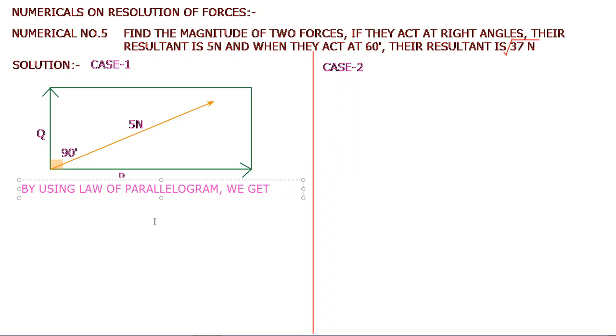Okay, so by using the law of parallelogram, we get the expression r square is equal to p square plus q square plus 2pq cos of theta.